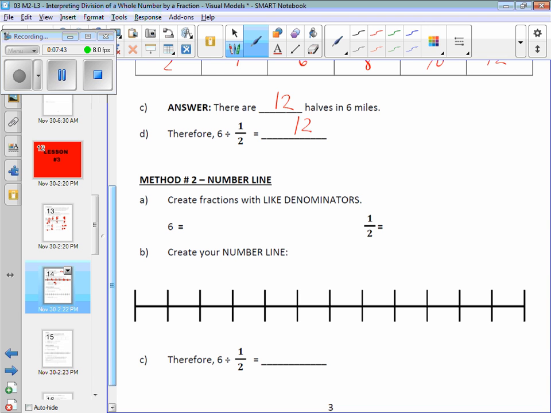So now look, I have a denominator of 2, right? If I'm going to convert that whole number into something that's usable, what denominator does it have to have? Nicole. Right. Like we did in the warm-up, what does the top have to be to be equivalent to the whole number 6?